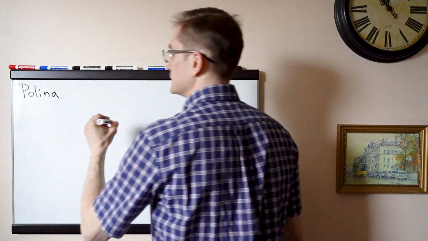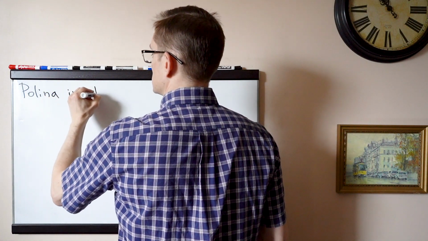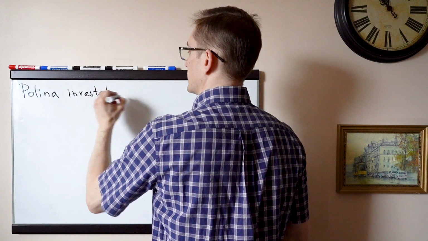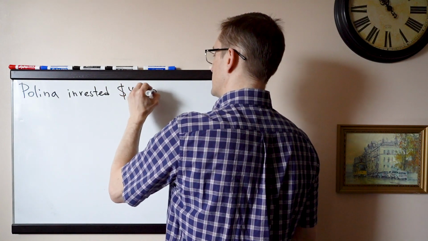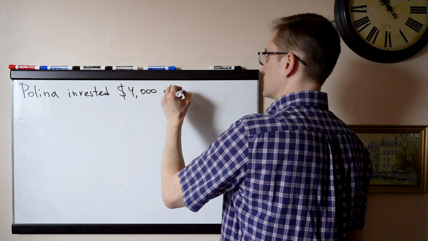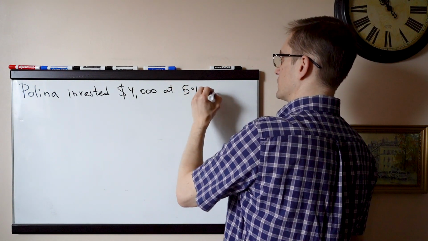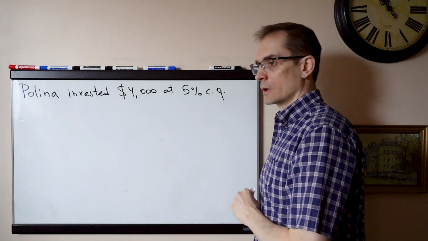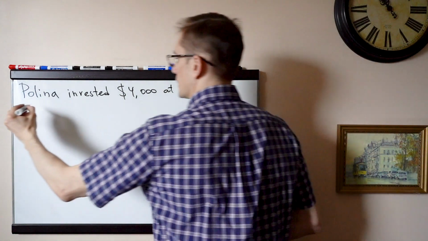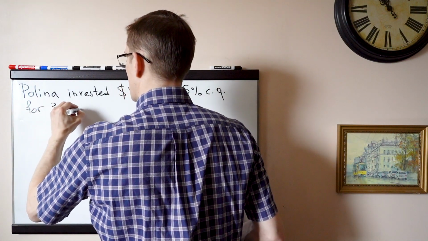Paulina invested $4,000 at 5% compounded quarterly for 3 years.